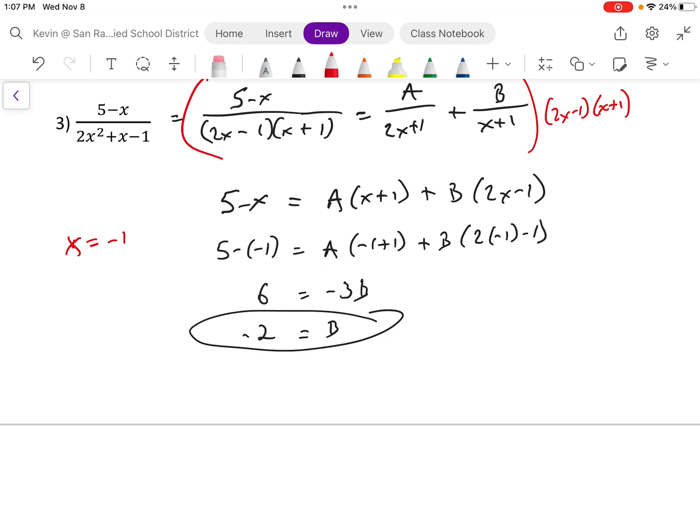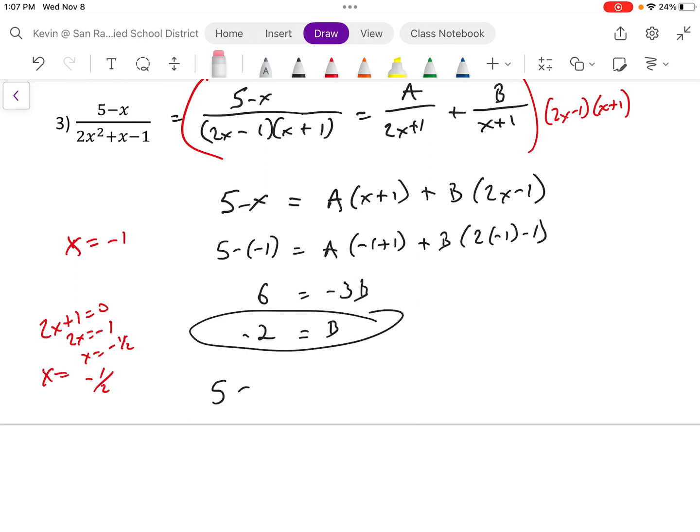Okay. Now we want to find a. So if x equals, now in this case it's a little bit harder because we have to see 2x plus 1 equals 0, 2x equals negative 1, x equals negative 1/2. Okay, so x needs to equal negative 1/2. Oh wait, is it negative 1/2? I thought it was 1/2. Is it 1/2?